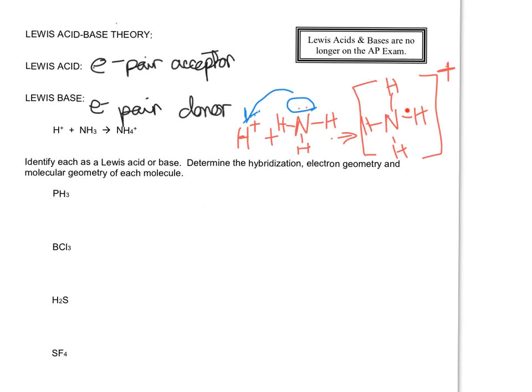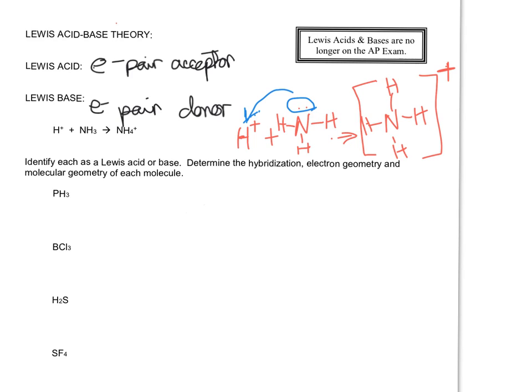The nitrogen gave away its electrons, so it's an electron pair donor. The hydrogen accepted that pair of electrons, so it's an electron pair acceptor. Therefore, the H plus was an acid and the nitrogen with a lone pair was a base, according to the Lewis definition.